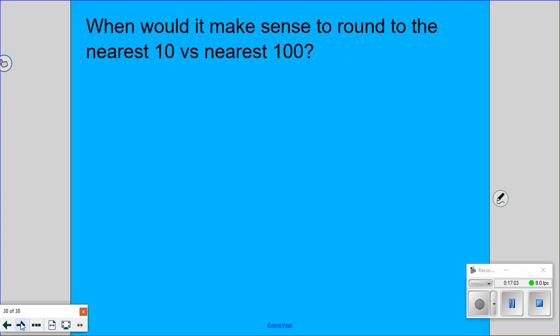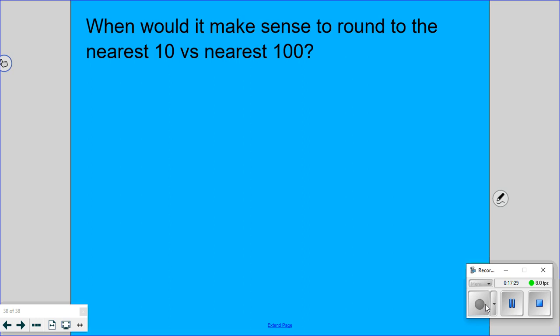Gio, do you know? Okay, that's a problem. Evelyn, rounding to the nearest 10 gives us a closer answer. When would we round to the nearest 100? Evelyn? I think you round to the nearest 100 when you are trying to quickly jot it down or something.